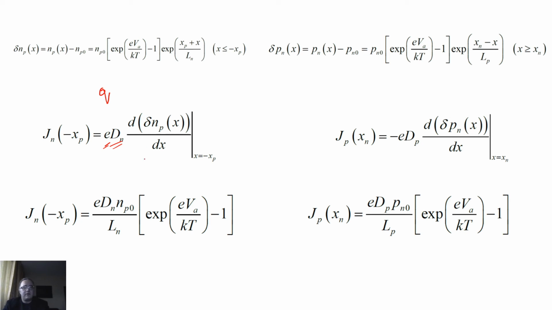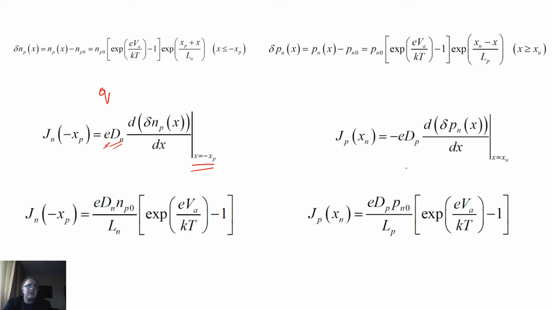So this will give us the gradient of the concentration profile, which gives rise to the diffusion currents. If there is no gradient, there will be no diffusion, of course. And we have to evaluate this at point minus xp. So this is the edge of the space charge region.